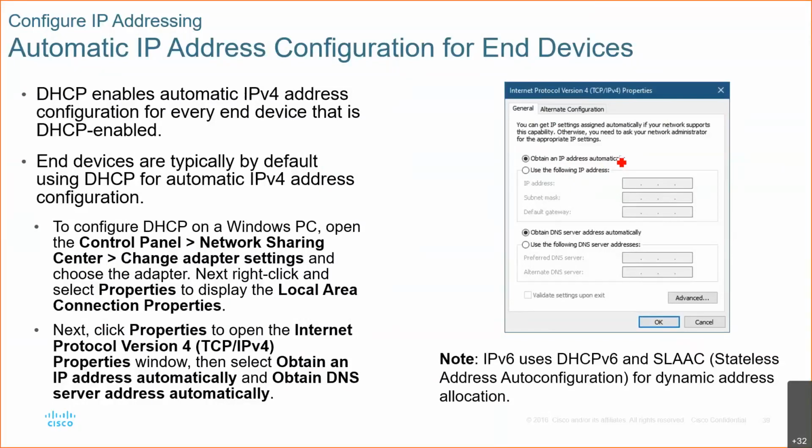Usually that's how it's done. And you'll be learning how to do this as well, perhaps not in CCNA 1, but in CCNA 2. So when you select obtain an IP address automatically, your computer will be looking for a DHCP server in the network. If the DHCP server is your router, it will get the IP address from the router.